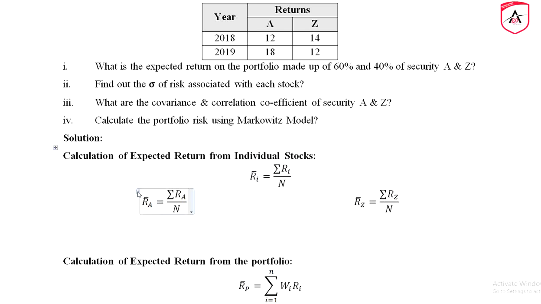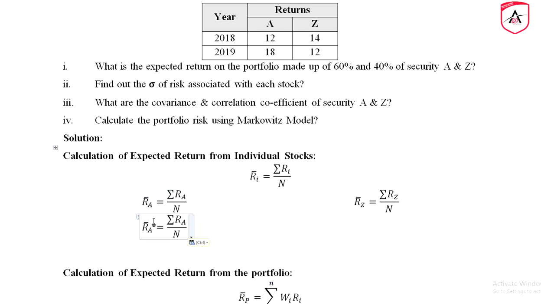Now by taking this information, right? So what is the return on stock A? In the year 2018 it is 12% and in the year 2019 it is 18. So what we have to do, summation means to say sum of. So we are going to take the returns of 2 years.